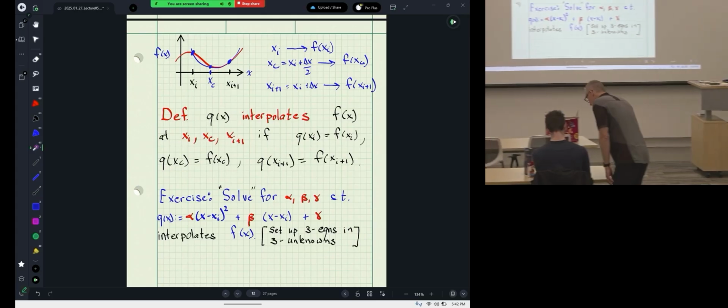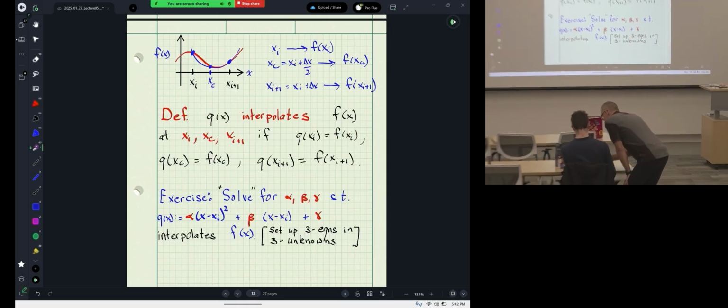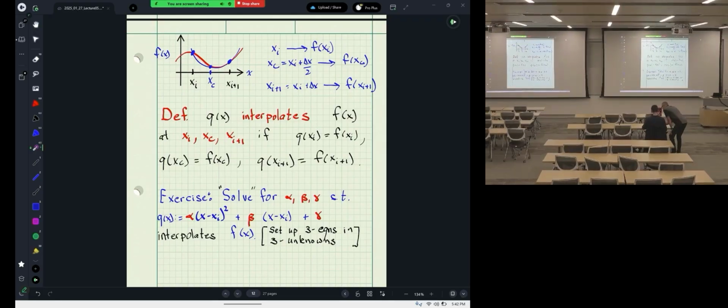Formulas you need to be writing down. Gamma is, how does it relate? I don't see the function values here. So you want to match this with the function values. So you're going to have f of xi equals q of xi. And you plug in xi, you get gamma equals f of xi, because you see, this is the function, and these are the values that you have.